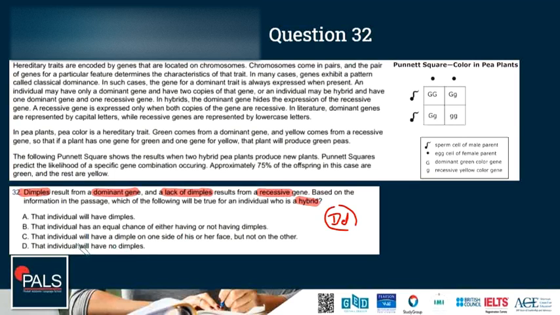The correct answer here is obviously A. Now we have learned if the dominant allele is present, it is always expressed. The dominant gene hides the expression of the recessive.